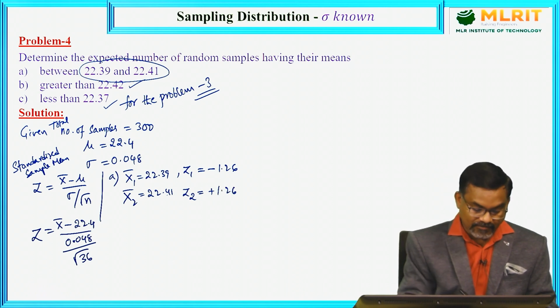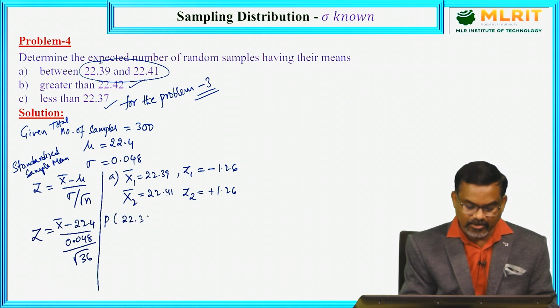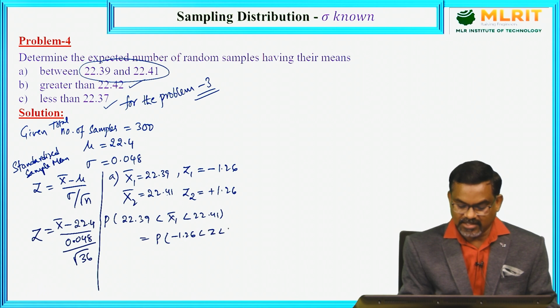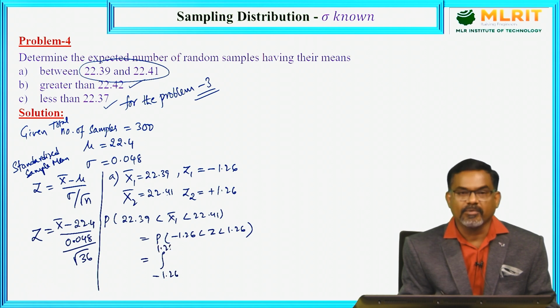In the first problem, we need to find the probability of x bar lying between 22.39 and 22.41, which is the same as Z lying between minus 1.26 and 1.26. So, negative to positive, the integral from minus 1.26 to 1.26 of f of z dz.